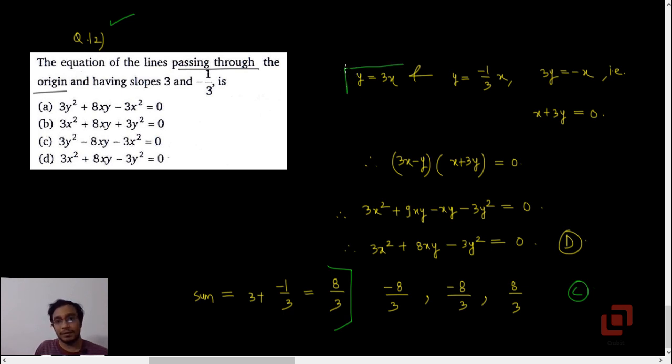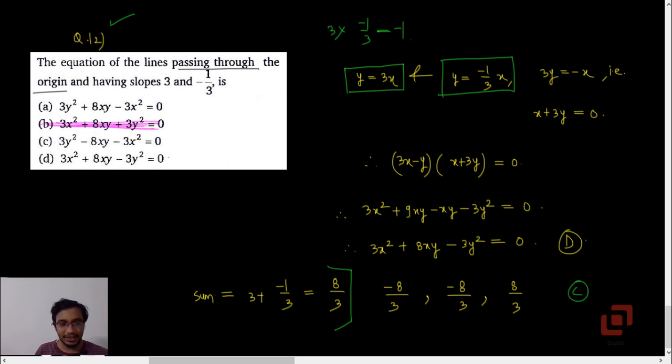Slope 3, equation y equal to 3x; slope minus 1 upon 3, the equation is y equal to minus 1 upon 3x. Now by observing the slopes, particularly their product which is minus 1, you can eliminate option B, because a plus b should be equal to 0 for perpendicular lines, and for B, a plus b is actually 6. So that is not right.